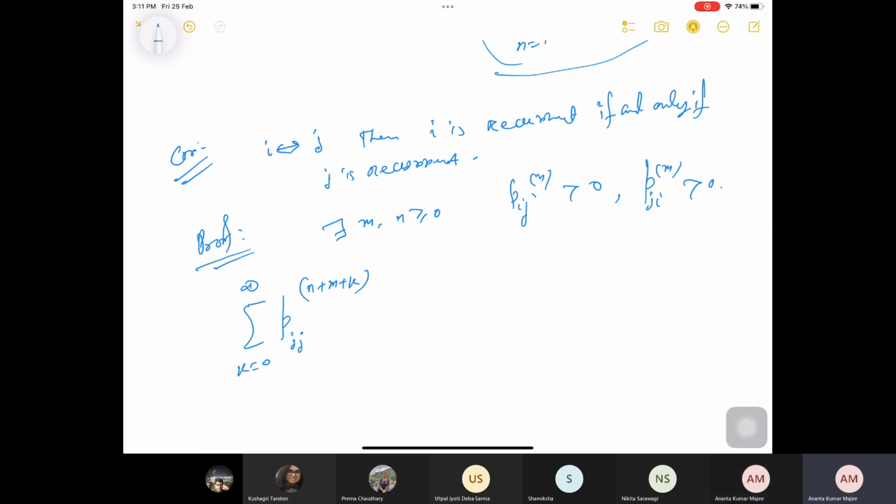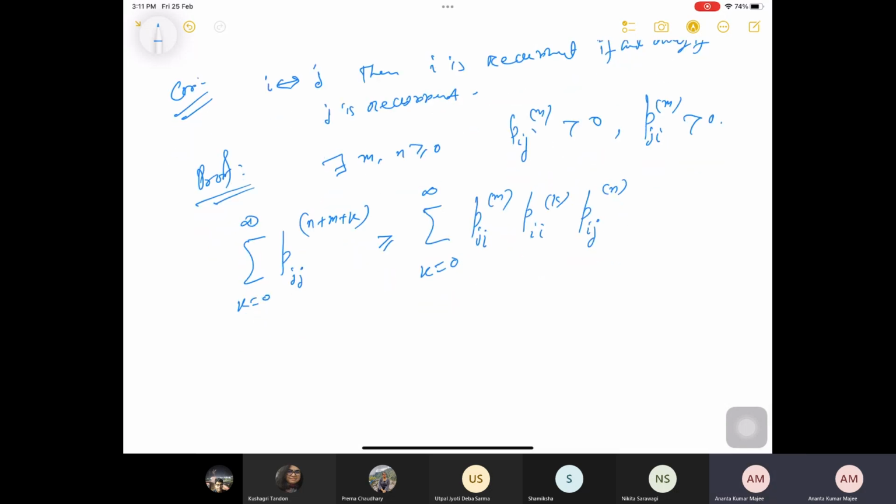Using the Chapman-Kolmogorov equations, I can write this summation over k equal to 0 to infinity as Pji of m, Pii of k, and then Pij of n.